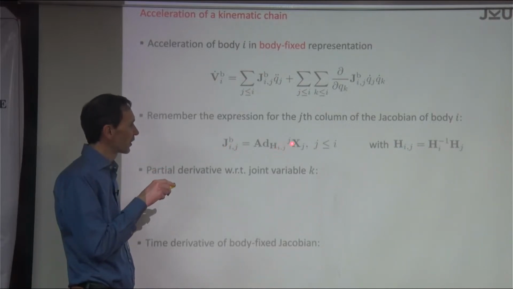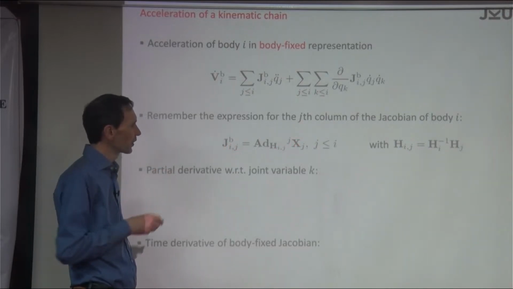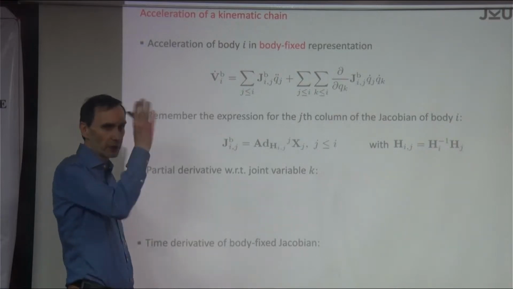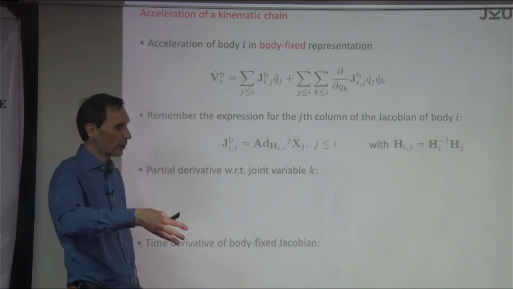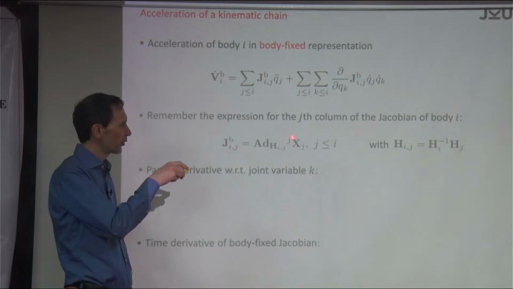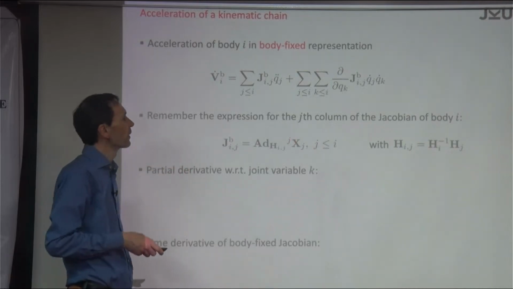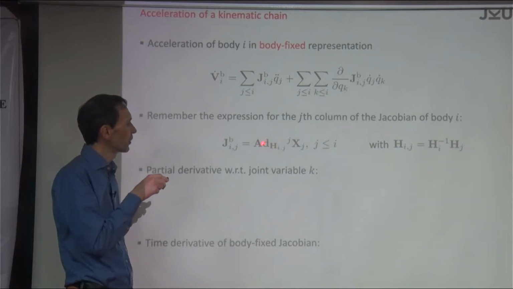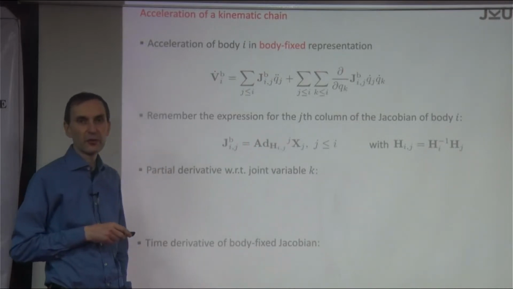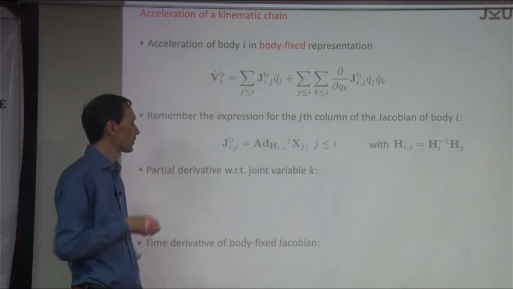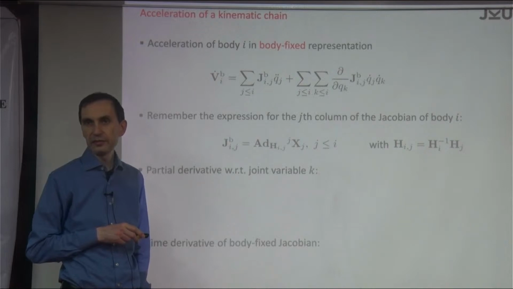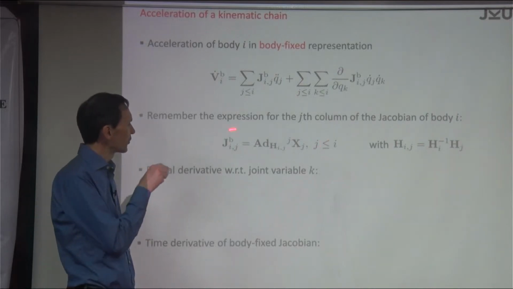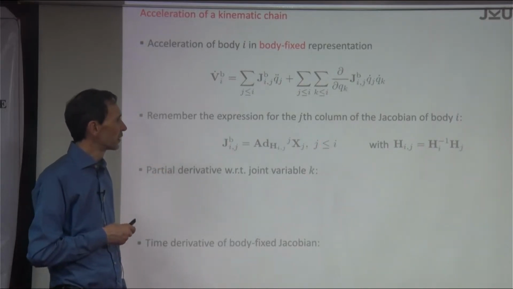It was saying that we only have to take the screw coordinates of the joint J. So the column J in the Jacobian is the screw coordinate of the joint J transformed into the body frame I. That goes via the transformation from J to I, because H transforms from J to I, and the adjoint transformation transforms the corresponding joint screw coordinates. Okay, and that was the definition of the Jacobian column.